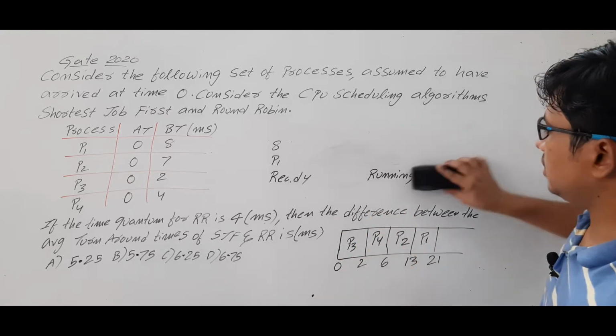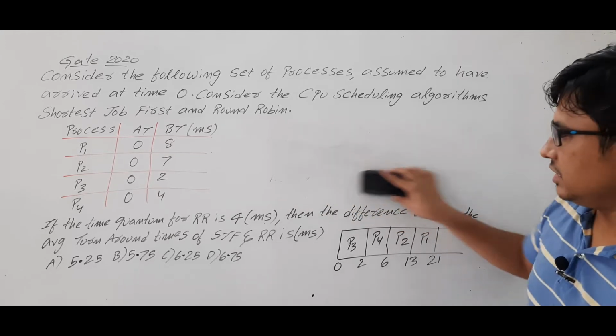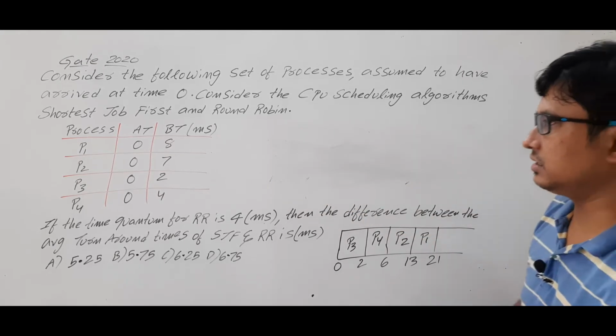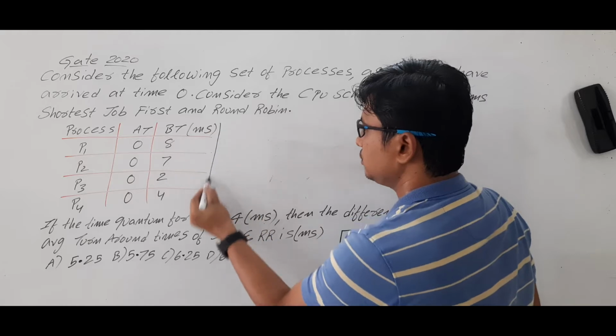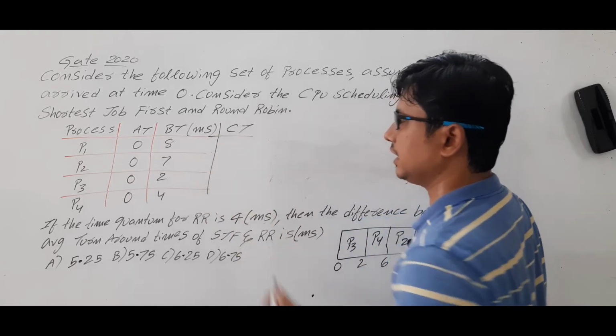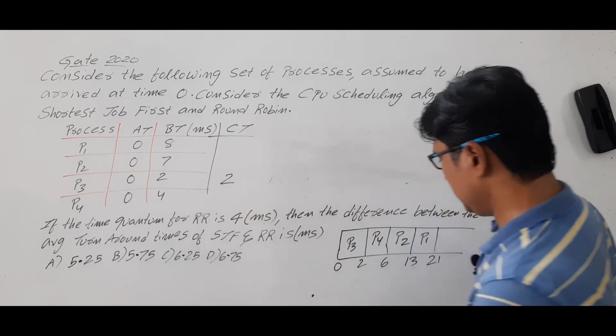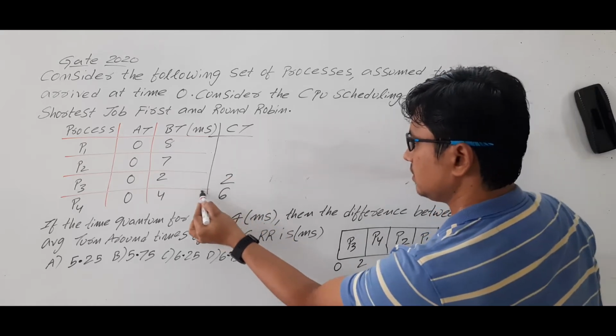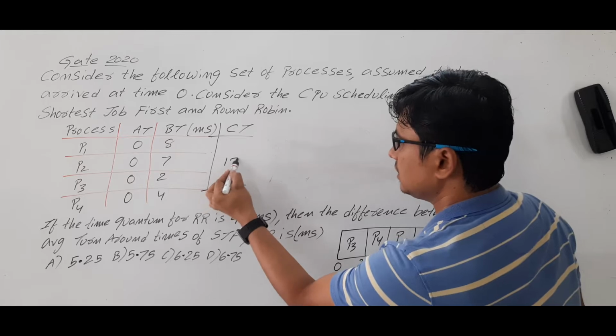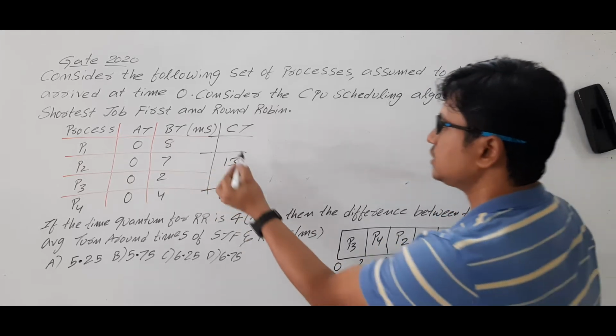So we got the completion time for each process from the Gantt chart. The completion time of P3 is 2, P4 is 6, P2 is 13, and P1 is 21.